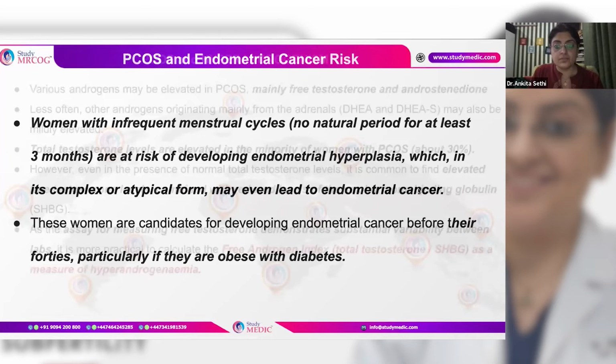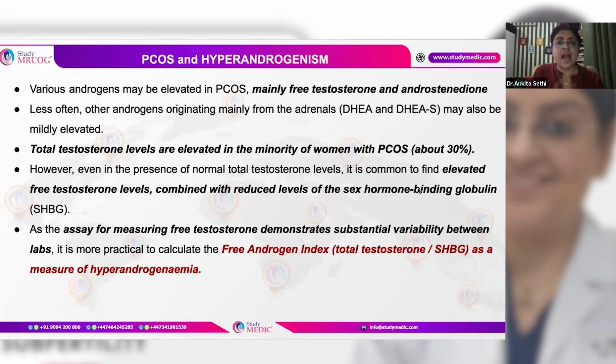PCOS and hyperandrogenism. Various androgens may be elevated in PCOS, mainly free testosterone and androstenedione. Less often, other androgens originating mainly from the adrenals may also be mildly elevated. Total testosterone levels are elevated in minority of women with PCOS, about 30%.